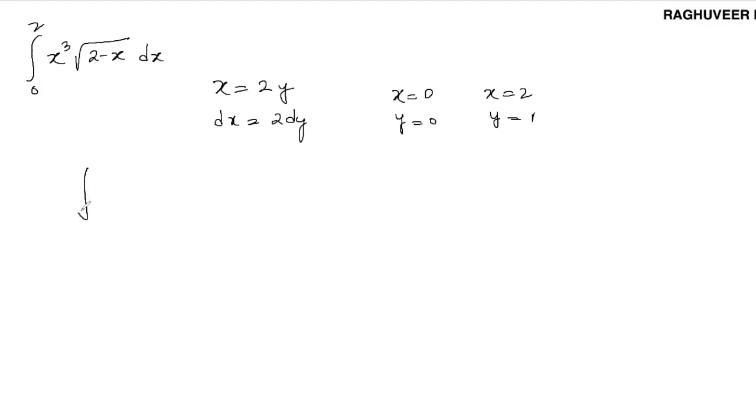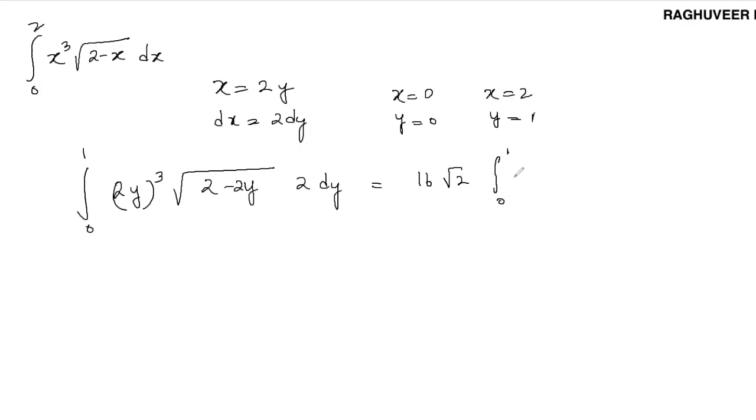So this will be integral 0 to 1, this is 2y whole cube, square root of 2 minus 2y, times 2 dy, is equal to 16 root 2 integral 0 to 1 y cube, 1 minus y to the power of half dy.